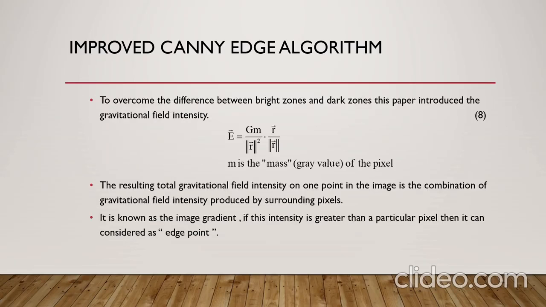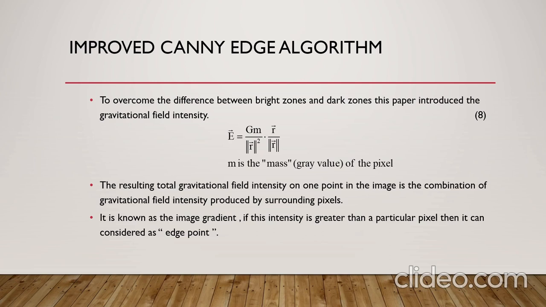The gravitational force on a point in dark zone is smaller than the gravitational force in brighter zone, even though they have the same gradient. So it has less relevance to the gradient changes in dark zone, which results in loss of weak edge information.